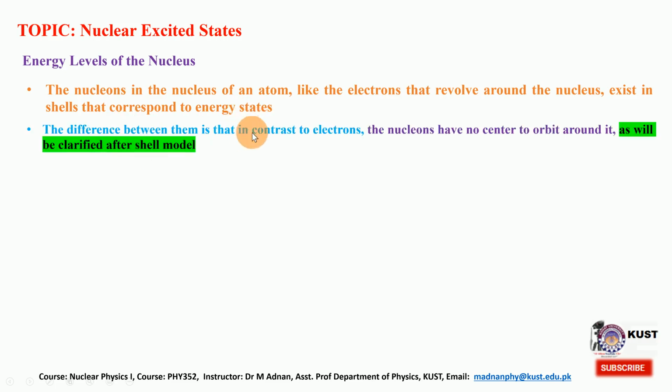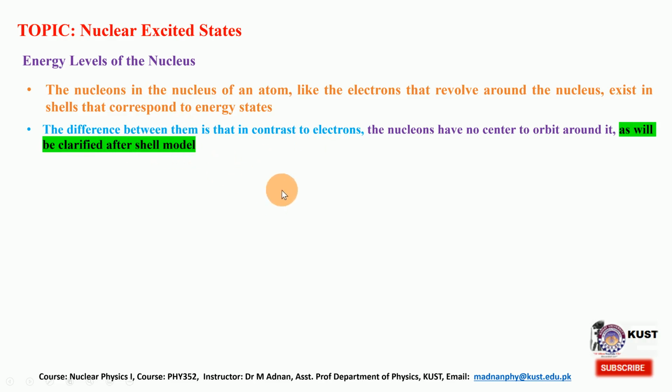But the difference between the energy levels of a nucleus and the energy levels of an atom is that nucleons have no center to orbit around, as will be clarified after the shell model.